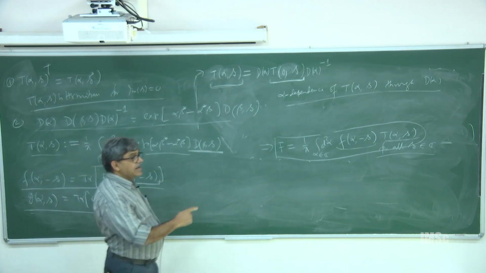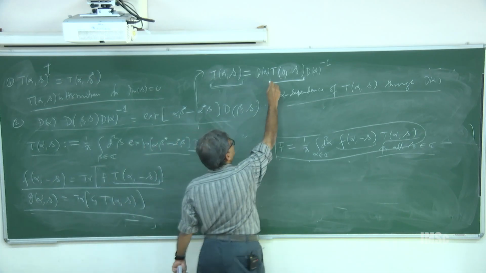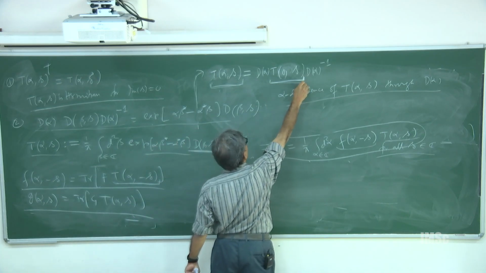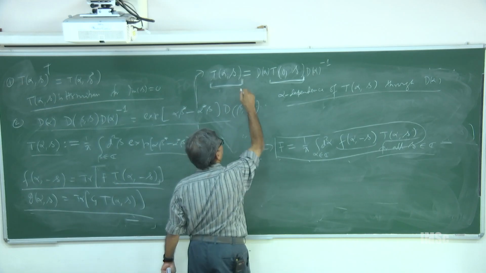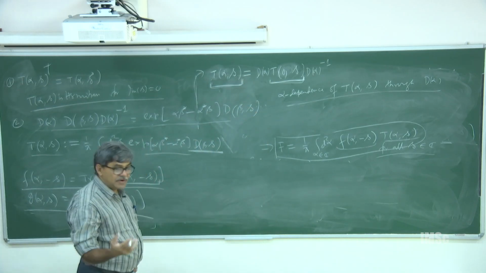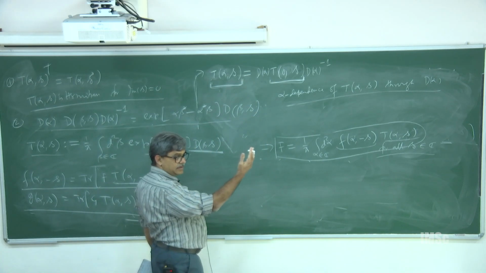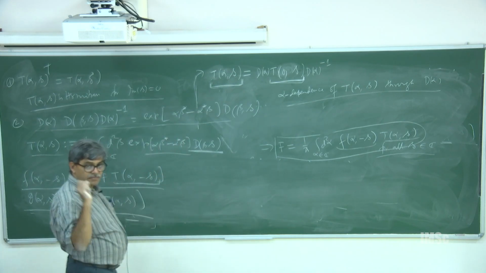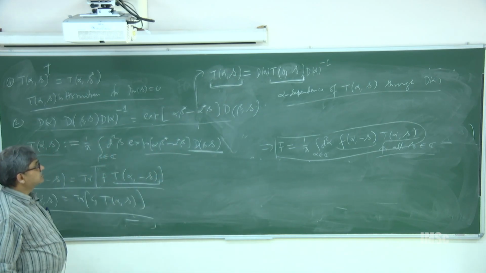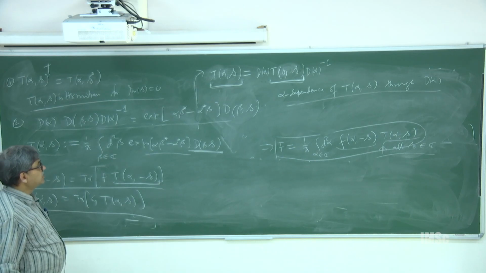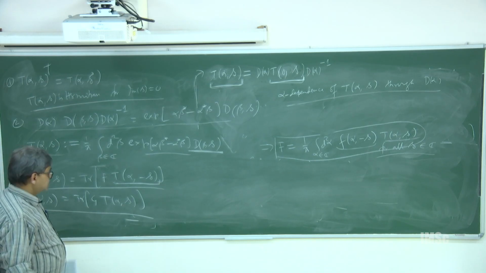Moreover, the eigenvalues of this Hermitian operator for real s will be the same as the eigenvalues of T of alpha s. Only difference will be in the eigenvectors. Okay, good.